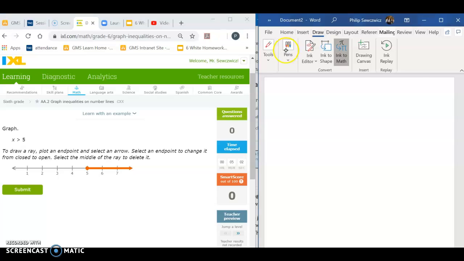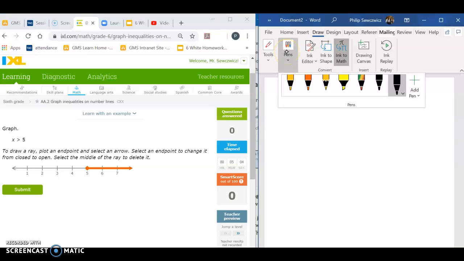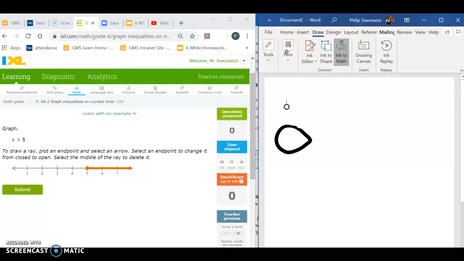The big question we've got to remember here is, do we want the open circle or do we want the shaded in circle? The open circle means that you're not going to use it there. The shaded in circle means you are going to use it.